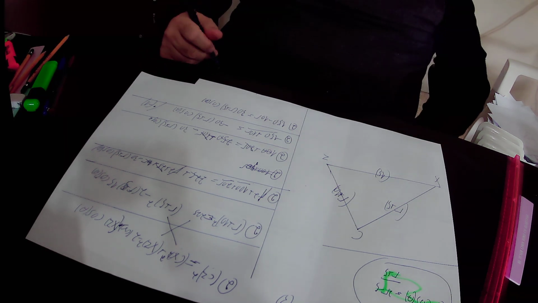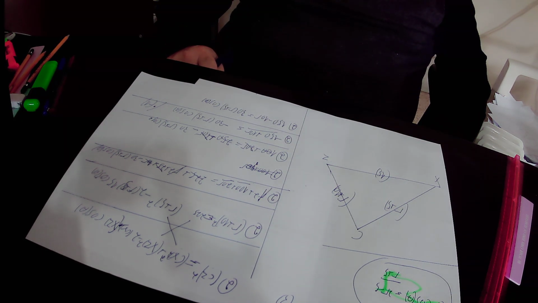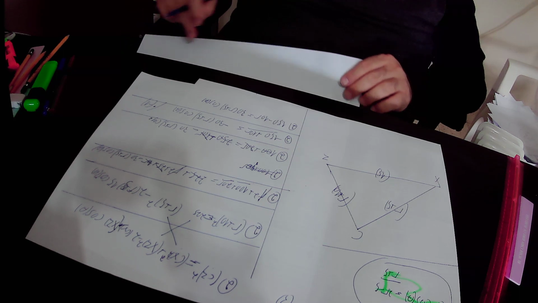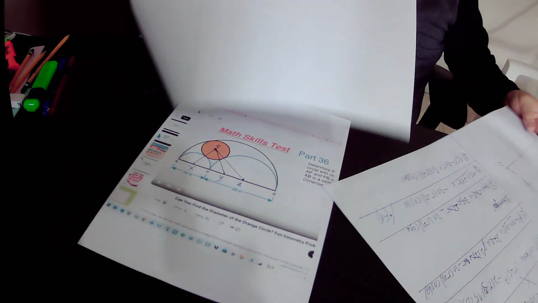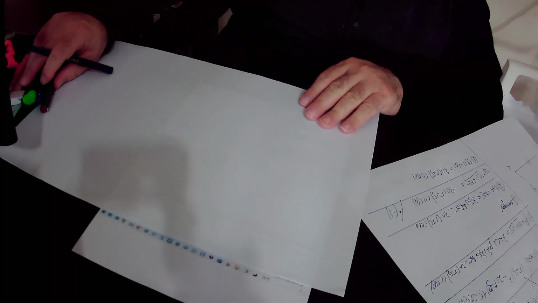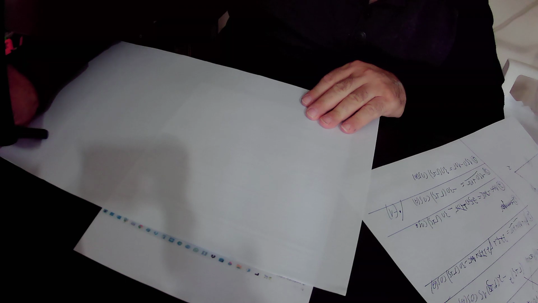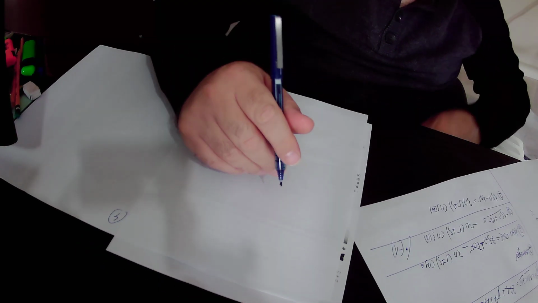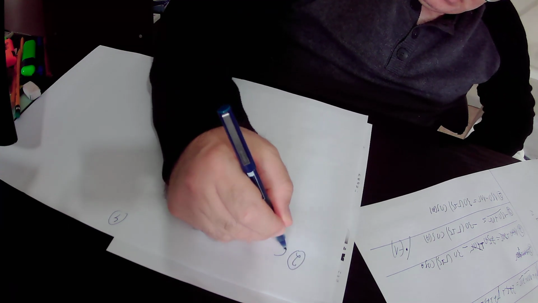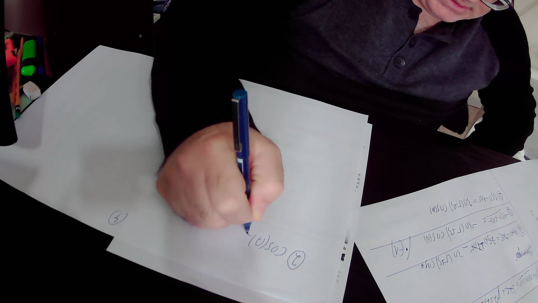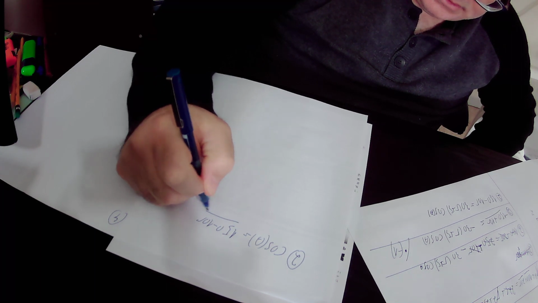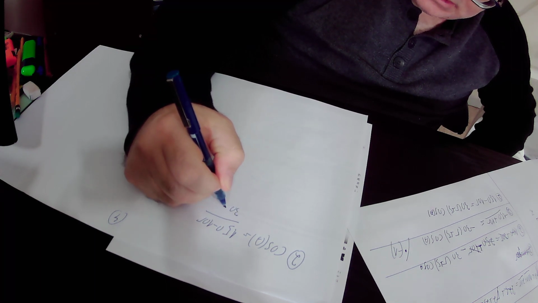Okay, we divide equation number 2 by 30 times r plus 5, and we get that cosine theta is equal to 150 minus 10r over 30 times r plus 5.